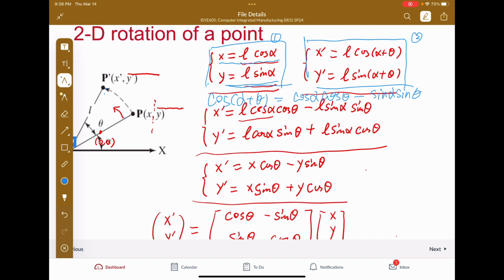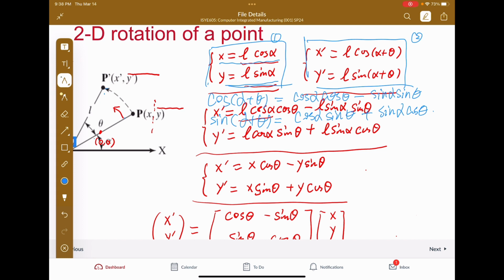And another you need to know is sine of alpha plus theta equals cosine alpha sine theta plus sine alpha cosine theta. So this is just the mathematics. I believe you learned it before.